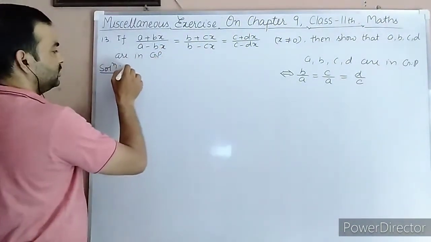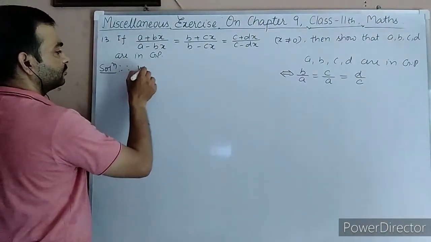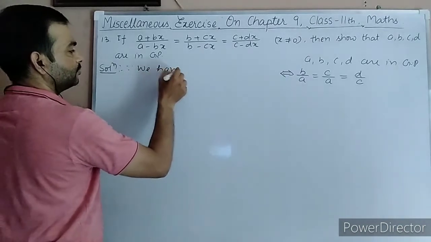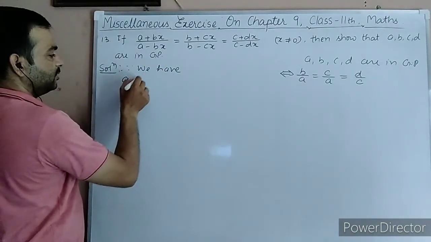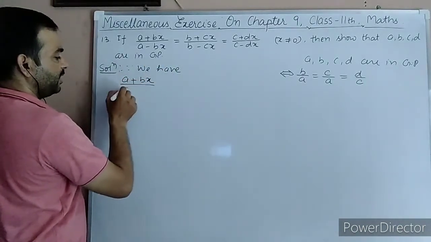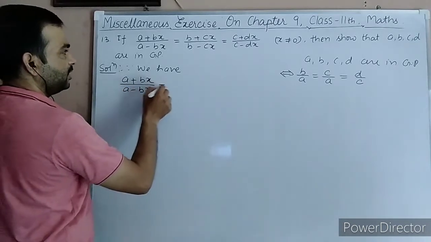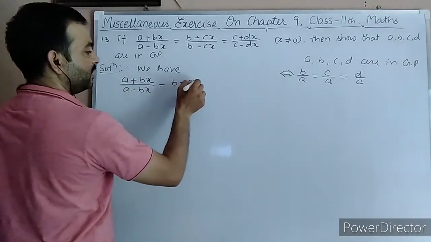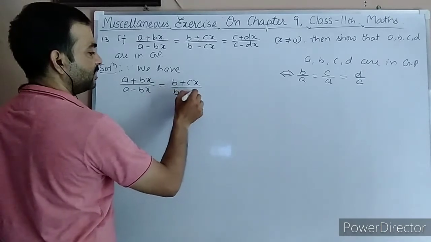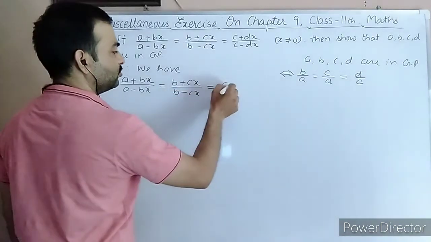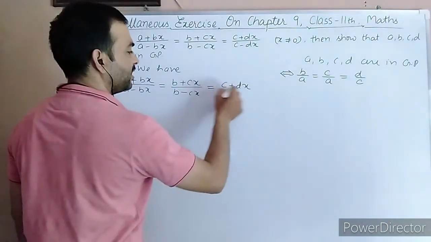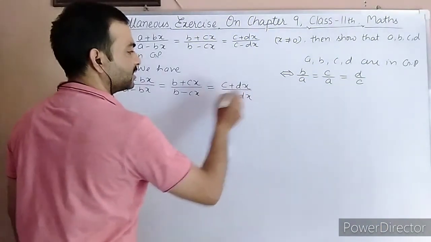Therefore, since we have a plus bx divided by a minus bx is equal to b plus cx divided by b minus cx is equal to c plus dx divided by c minus dx.